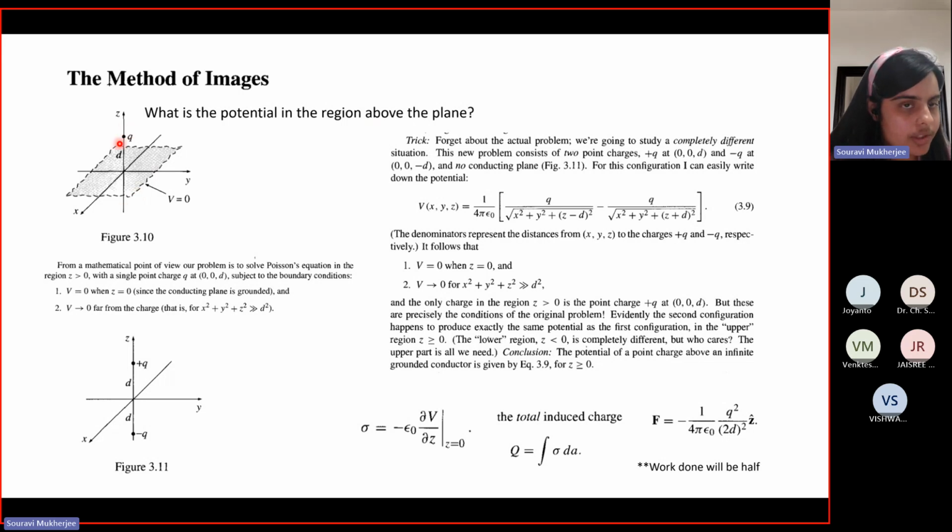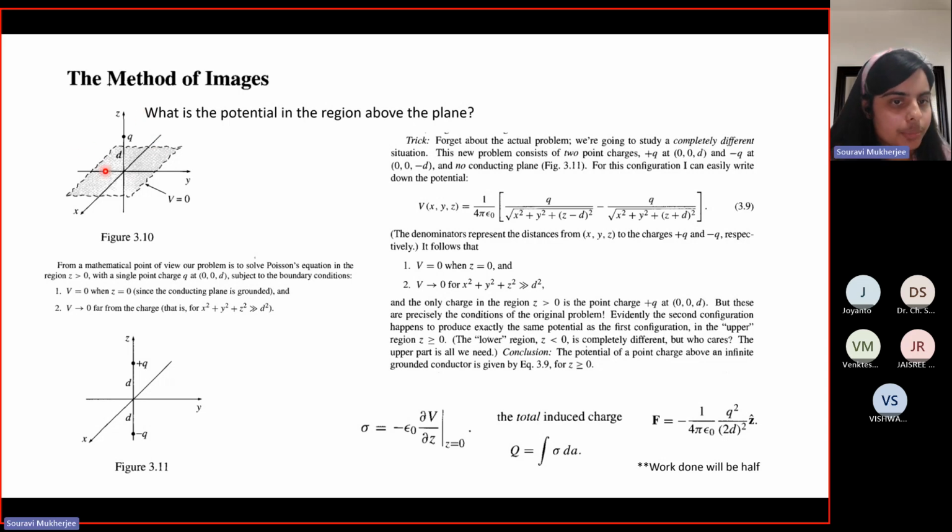Now, because of the presence of this Q charge, there will be some induced charges on this conducting plane, and the induced charge is such that the potential here is zero. That is what the question is saying, right? So that means the presence of this plane changes the potential that you have here.